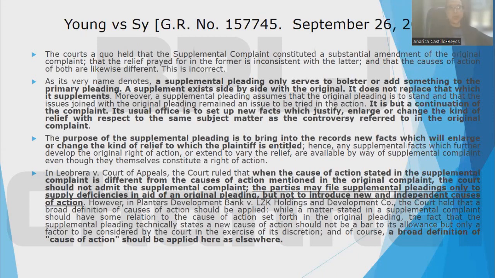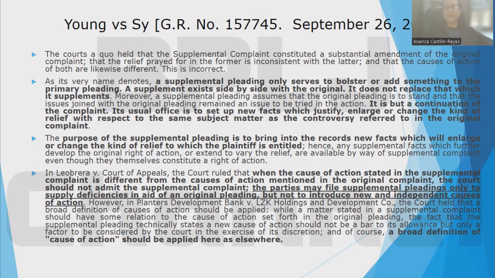We have the case of Young versus C. A supplemental pleading serves to bolster or add something to the primary pleading. They exist side by side with the original. It does not replace that which it supplements. It is a continuation of the complaint.